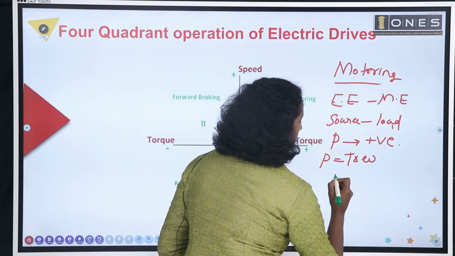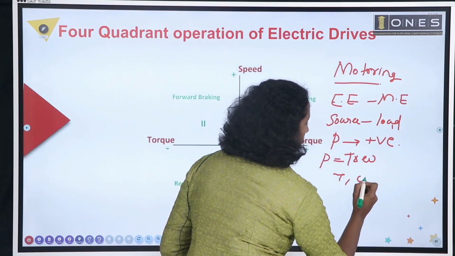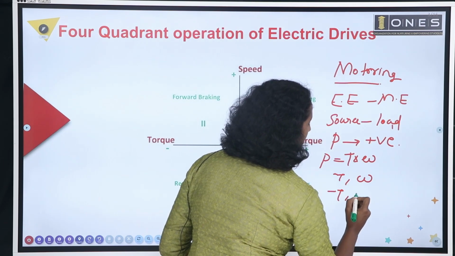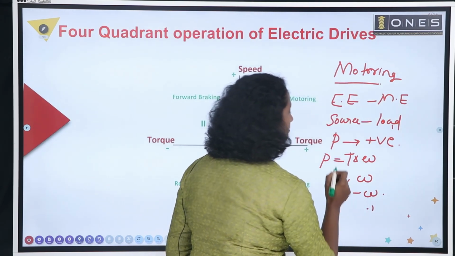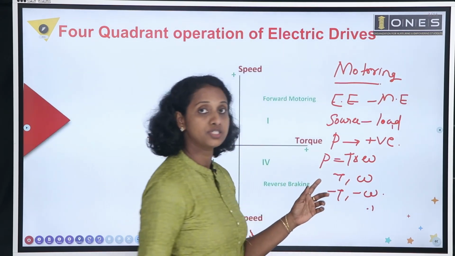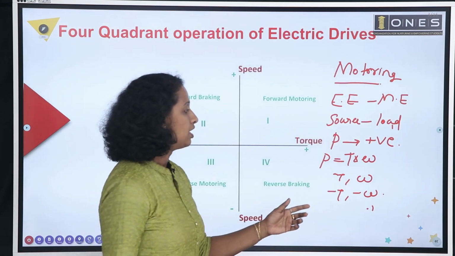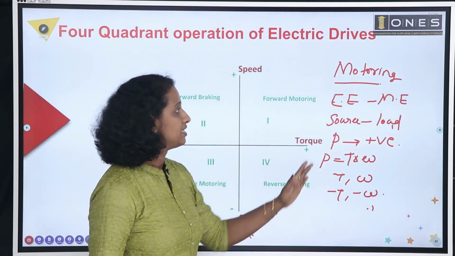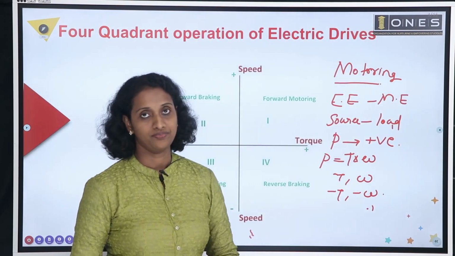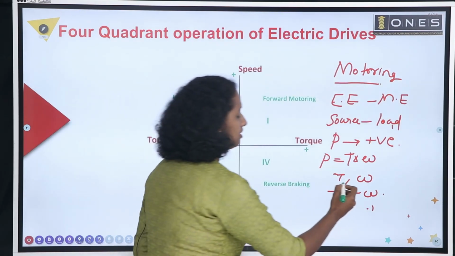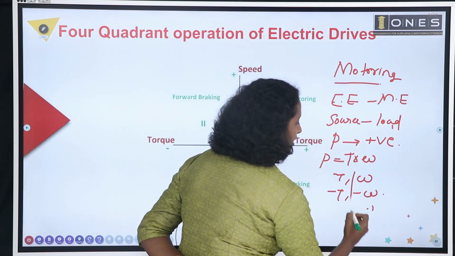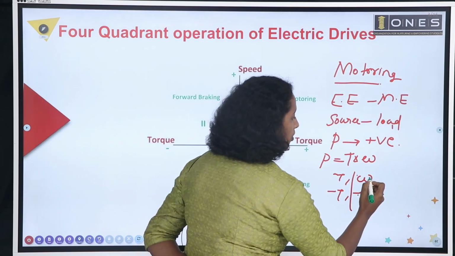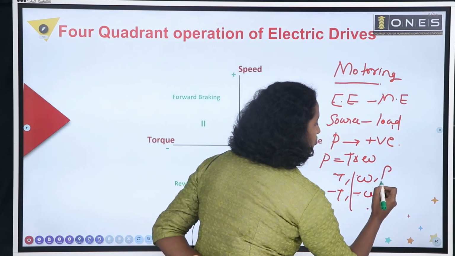Now, for positive power, what about the condition of torque and speed? Either torque and speed should be positive or torque and speed should be negative. Then only we will get a positive power. Whenever you are getting a positive power, that means it is a motoring mode. Positive speed is considered as forward.